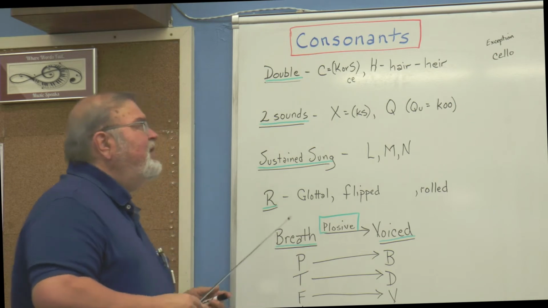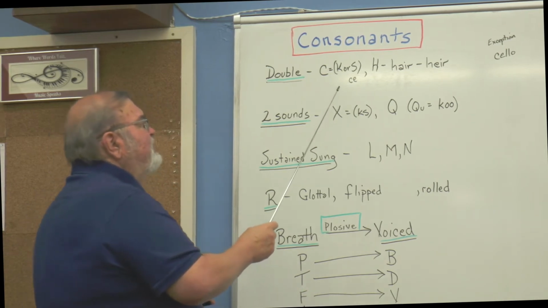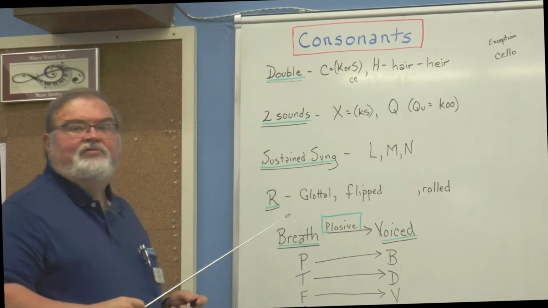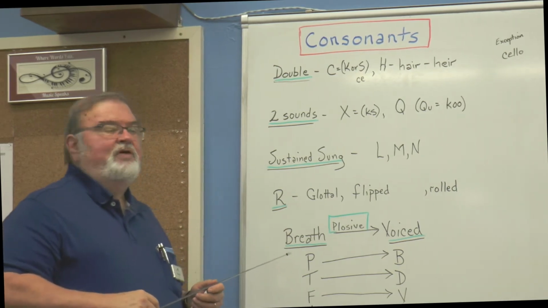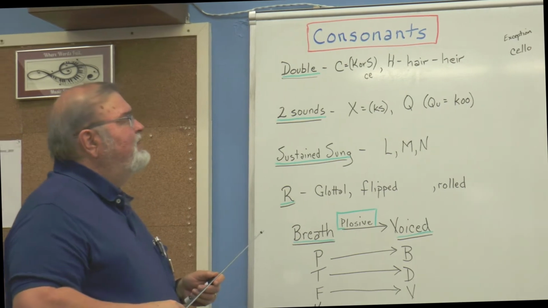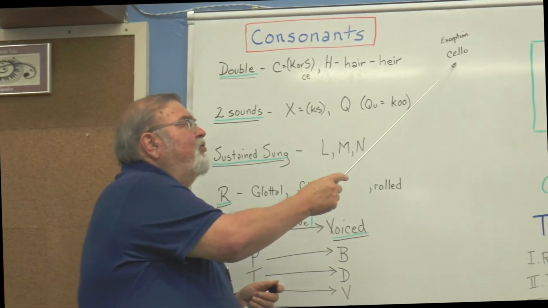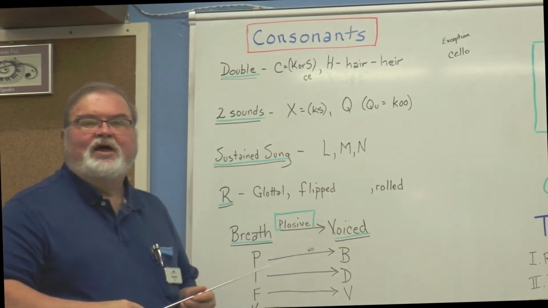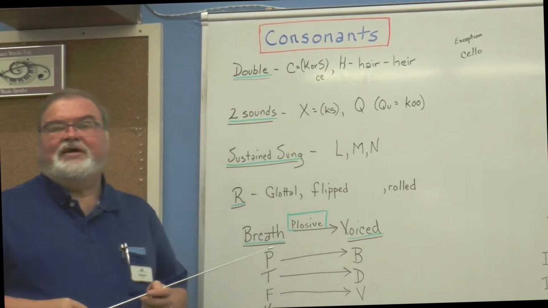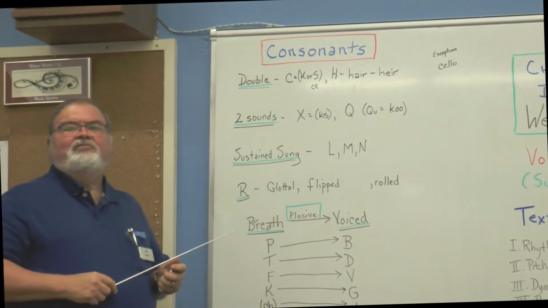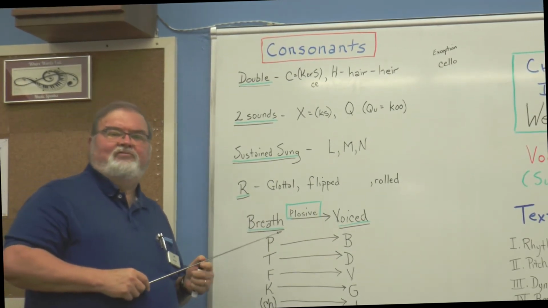Usually, actually always in English as far as I know, C-E has the S sound: centennial, cent, century, that sort of thing. The exception you might think of is words like the word cello, but I would maintain with you that cello is not an English word, it's an Italian word. So in English, C-E has an S sound.